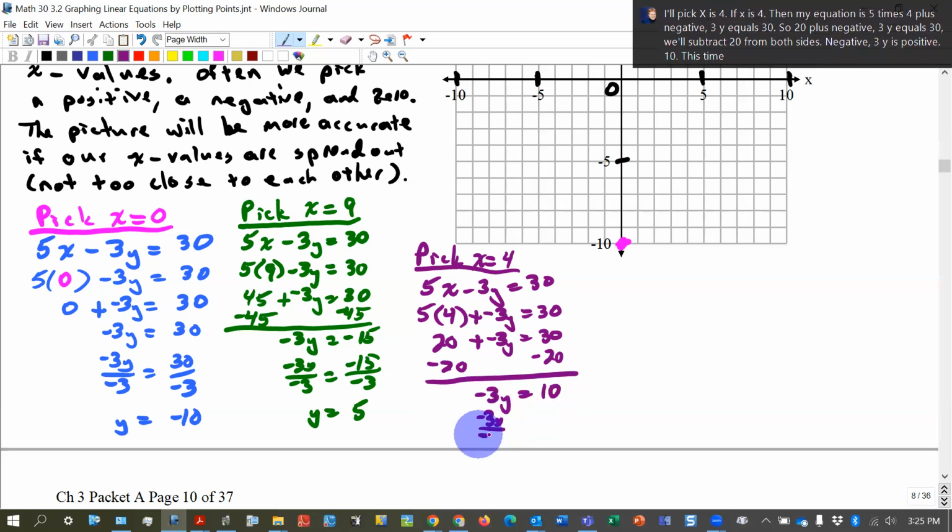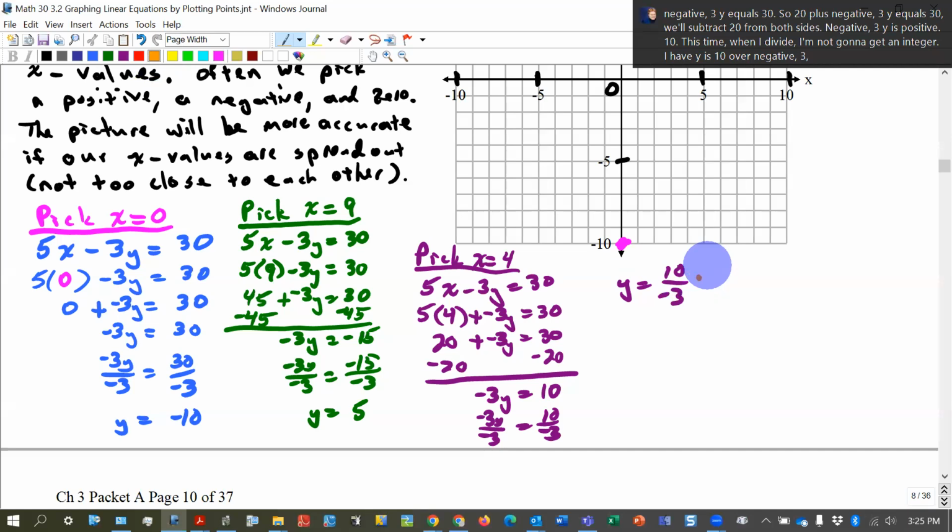This time when I divide, I'm not going to get an integer. I have y is 10 over negative 3, which is the same as negative 10 over positive 3. That's an improper fraction.